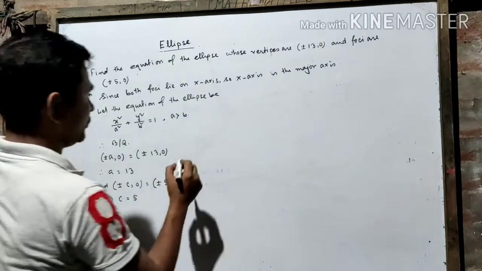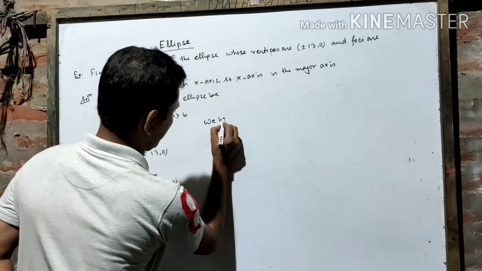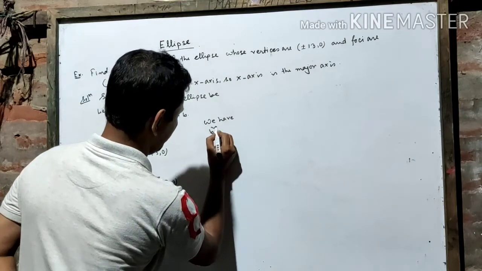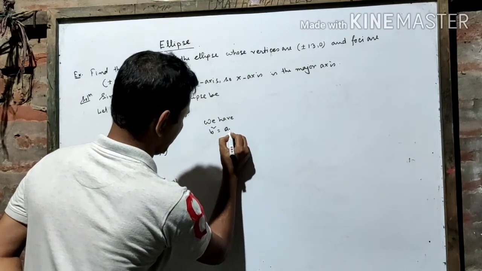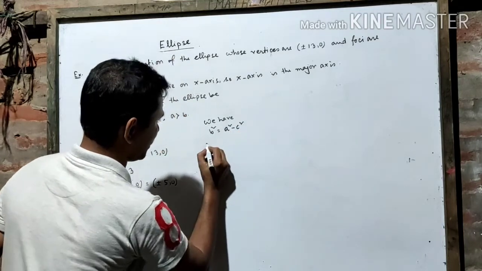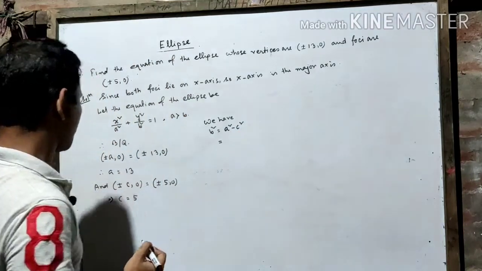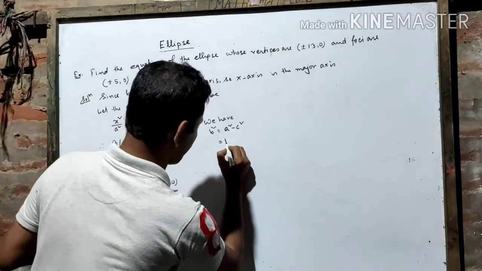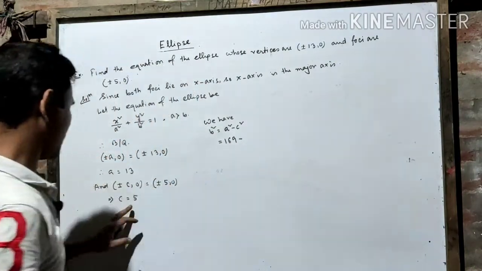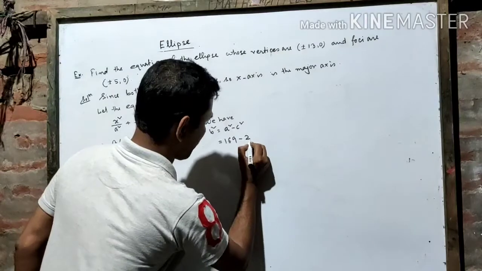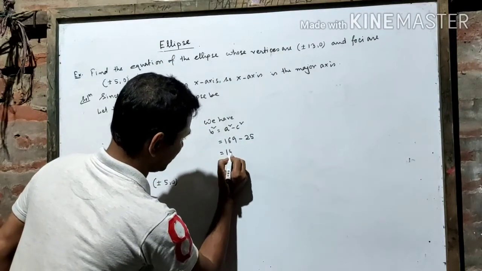We have b square is equal to a square minus c square, a square means 13 square, that means 169, minus c square means 25, is equal to 144.